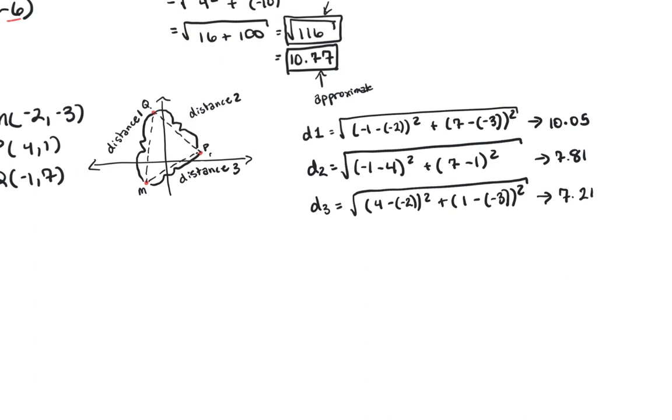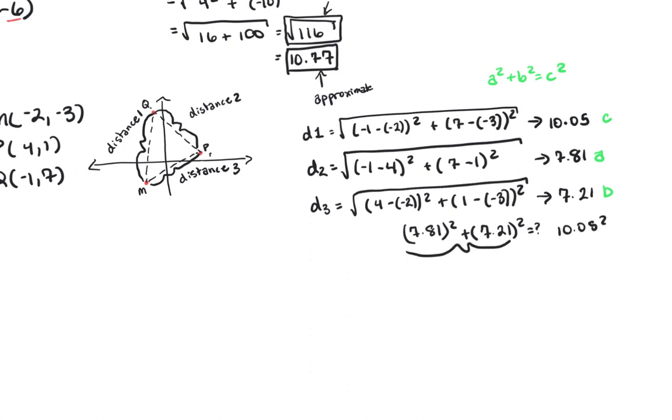All right, so now we have 3 distances, and now we just need to figure out if they fit into our a squared plus b squared equals c squared. So a and b are typically the legs, which are shorter, so I'm going to call this a and this b, and then c is our hypotenuse, which is typically our longer side, so c. And I'm going to test that out here. If we did 7.81 squared plus 7.21 squared, does that equal, that's a question, 10.05 squared?